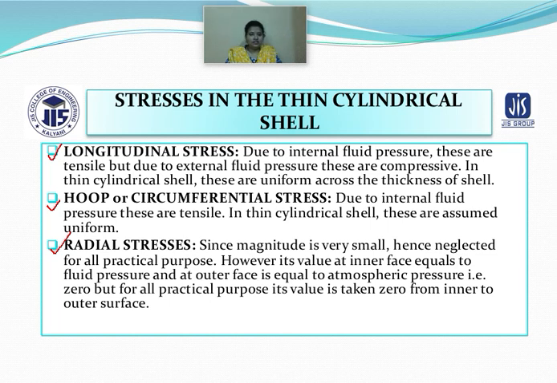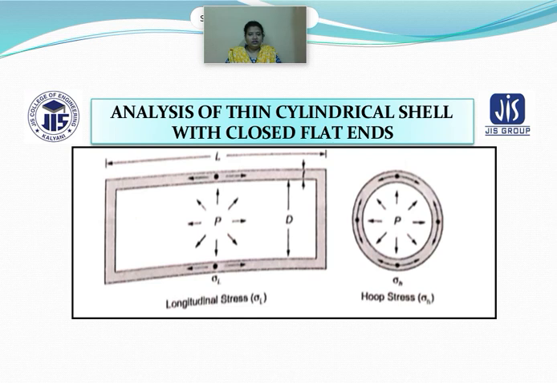Now let's have a look at the next slide. Just have a look at the longitudinal thing. This is the analysis of a thin cylindrical shell with a closed flat end.